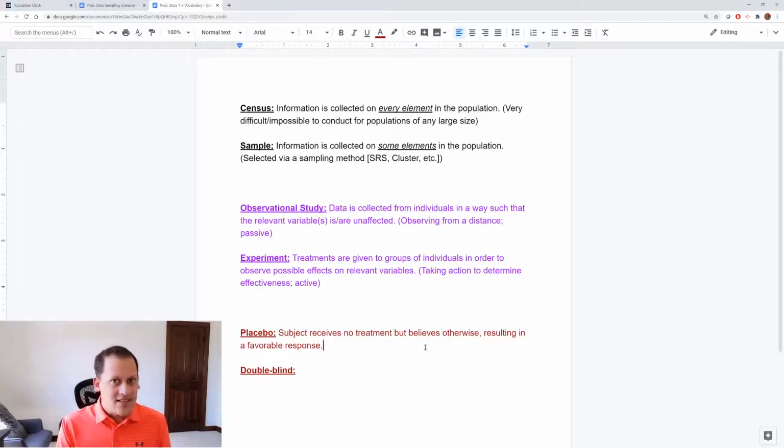So even though it does nothing, it's just a pill, it has nothing in it really, they can still lose as much weight as some people in the weight loss group, the people who got the real deal. So a placebo, they get no treatment, or the treatment does nothing, but they believe otherwise, resulting in a favorable response. This is called the placebo effect.